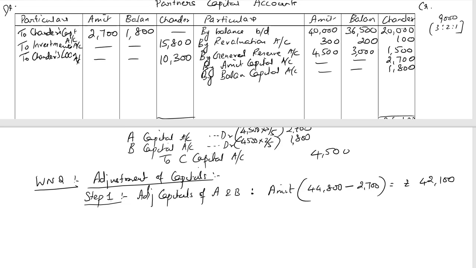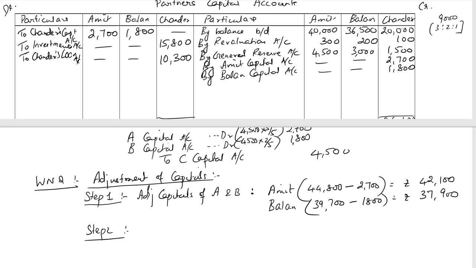And in the case of Balan, the credit side total is 39,700 rupees minus debit side total 1,800 rupees. We get 37,900 rupees.